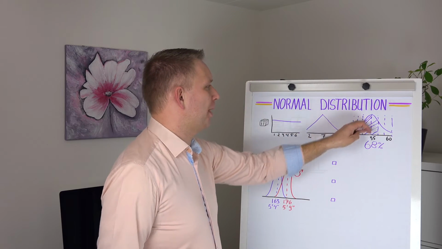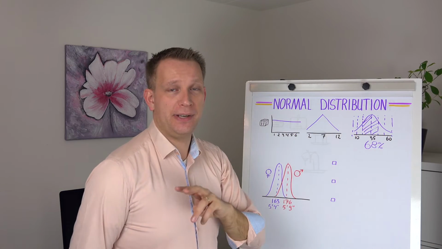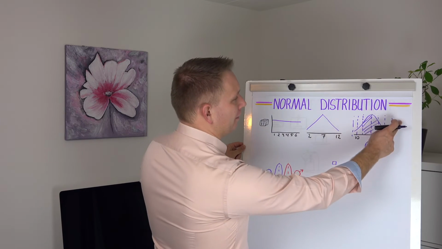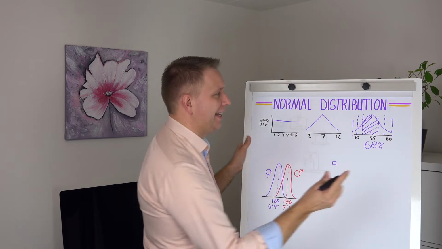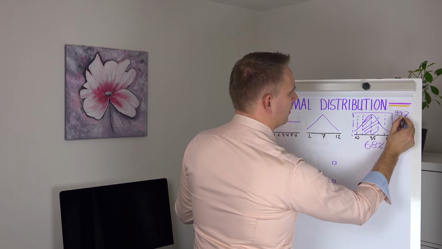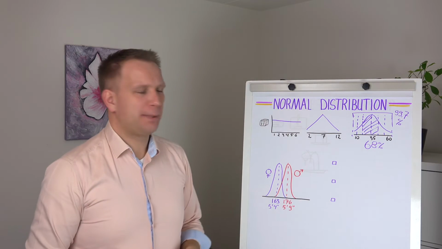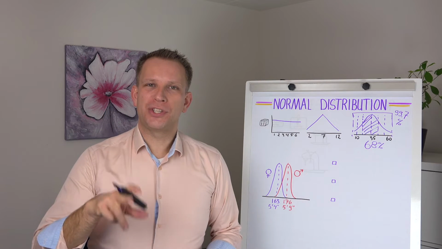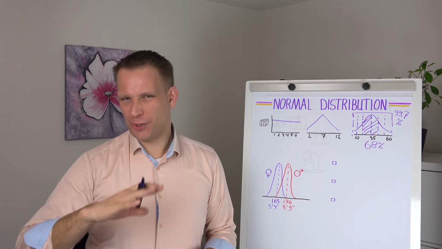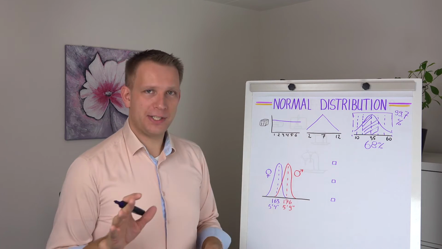So if we go to plus or minus 2 standard deviations, you get to about 95. Or if you get to plus 3 minus 3 standard deviations, you get to that 99.7%. That is one you will see a lot in SPC and slightly also in other Six Sigma statistics.